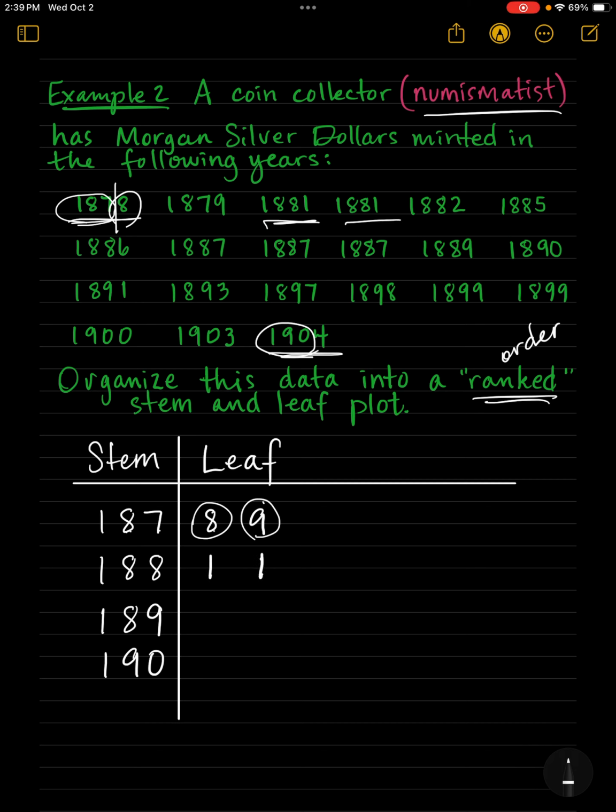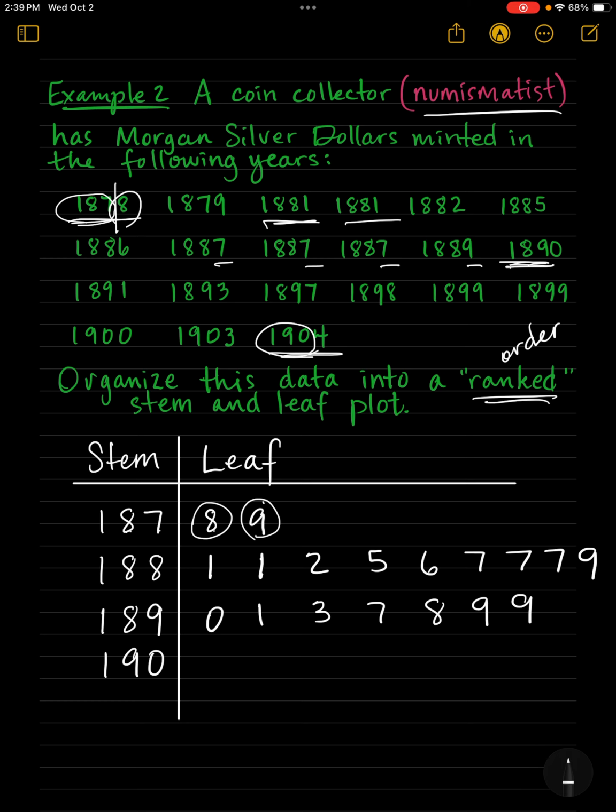I got another 81, a 2, a 5, a 6, a 7, 7, 7, and 9. You see that 7, 7, 7, and 9. And now the 189 goes down on the next row. I have a 0, a 1, 3, 7, 8, 9, 9.